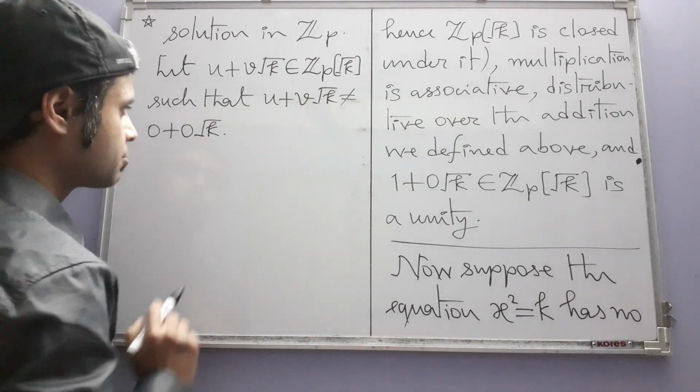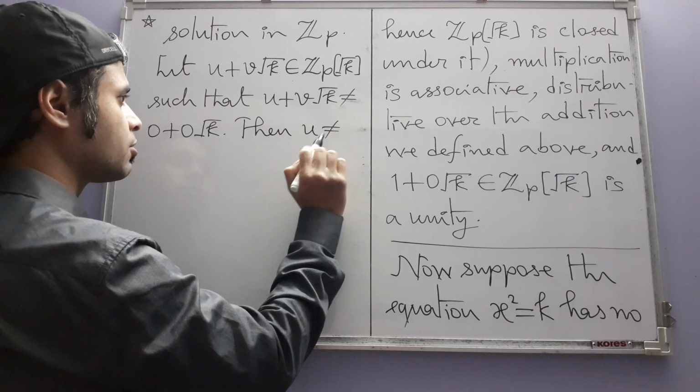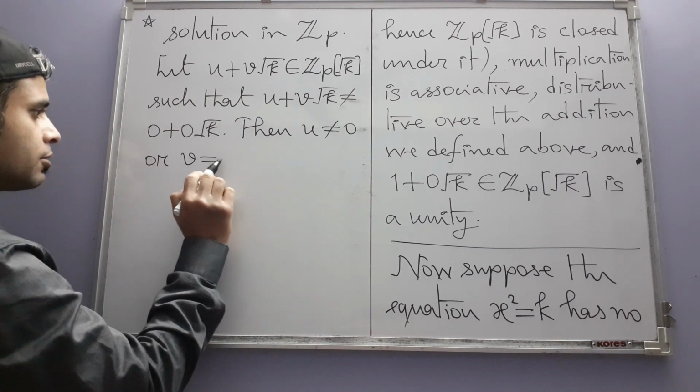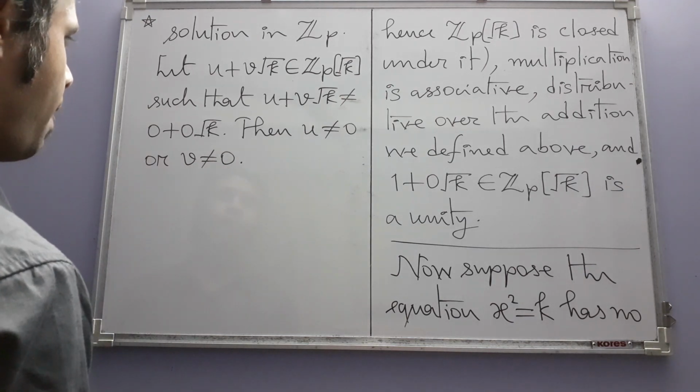Not equal to means what? u is not equal to 0 or v is not equal to 0 or both are not equal to 0.